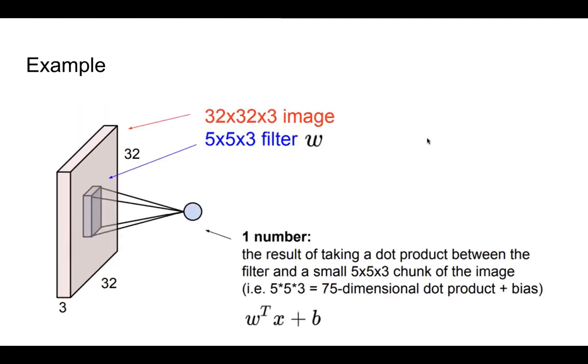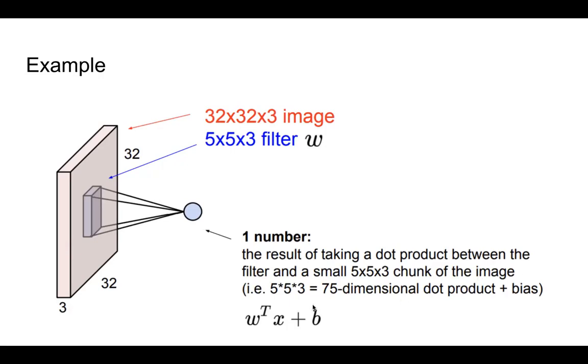So it's like that. The image is 32 cross 32 cross 3 and the filter is 5 cross 5 cross 3. We multiply all the values present in the image chunk with this filter and add them, getting one number. That is the result of taking a dot product between the filter and a small 5 cross 5 cross 3 chunk of the image.